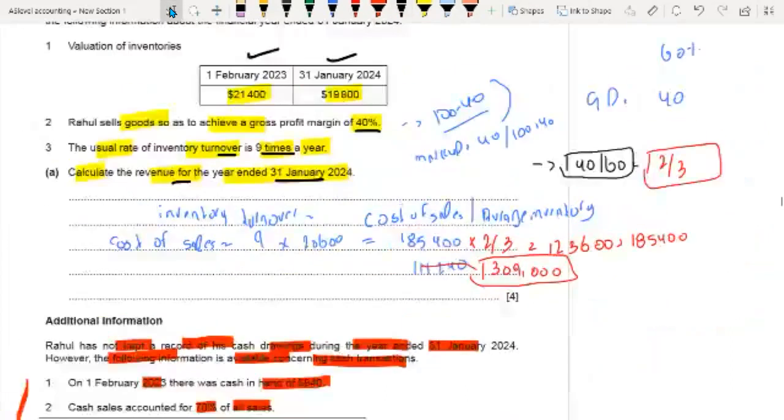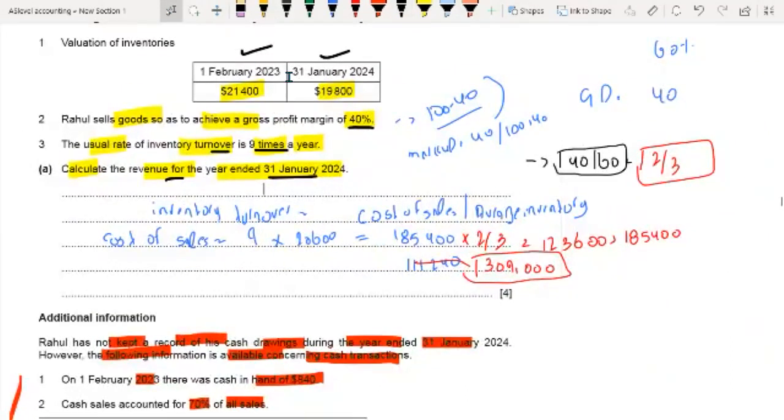So first of all, we can use the inventory turnover formula here. Inventory turnover is equal to cost of sales upon average inventory. We know about it. Okay. So basically, we are trying to find out the cost of sales. So cost of sales is equal to inventory turnover, which was 9 times, so 9 multiplied by average inventory. And how did I find that?